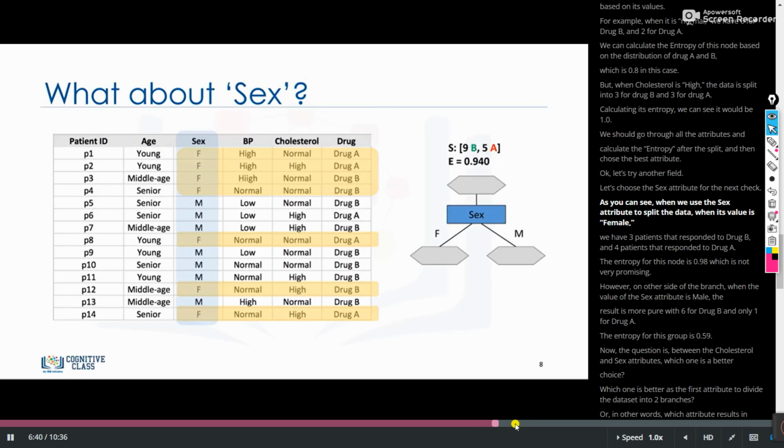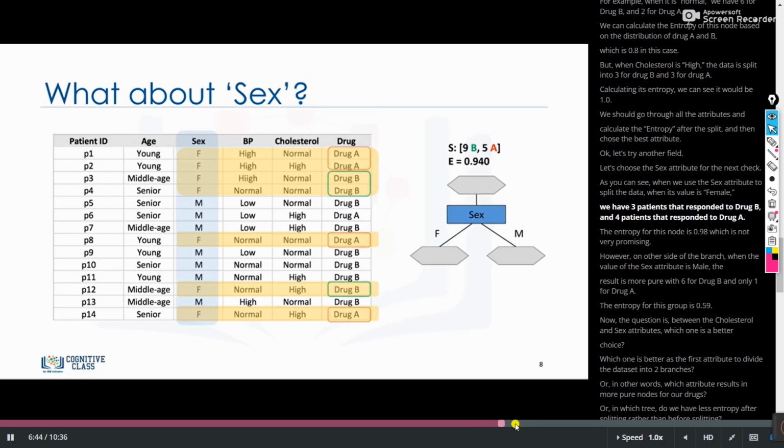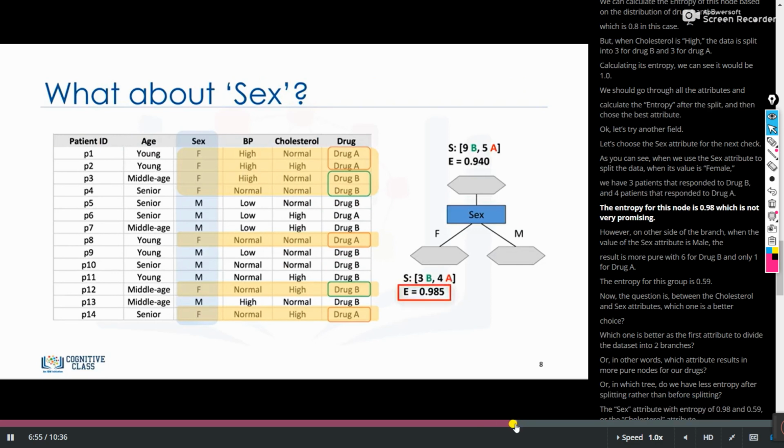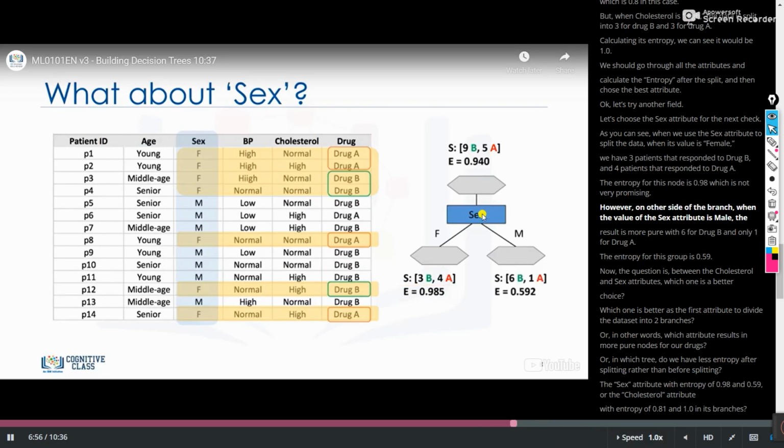First they are calculating the entropy for each feature to see which has less entropy. Now they are doing the same thing for the sex feature.